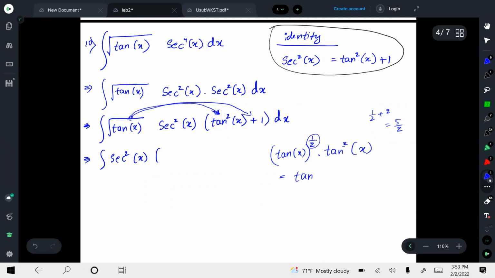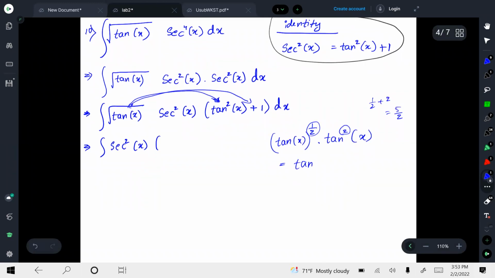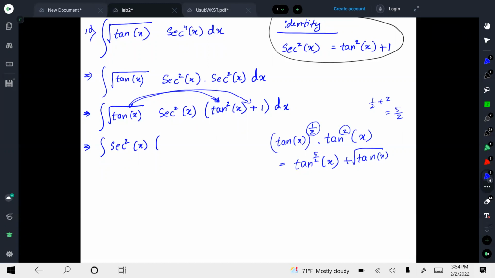You're going to add the powers, okay? This becomes tan to the power of 5 over 2 of x plus square root of tan of x, because you're multiplying this with 1, so it becomes square root of tan of x.